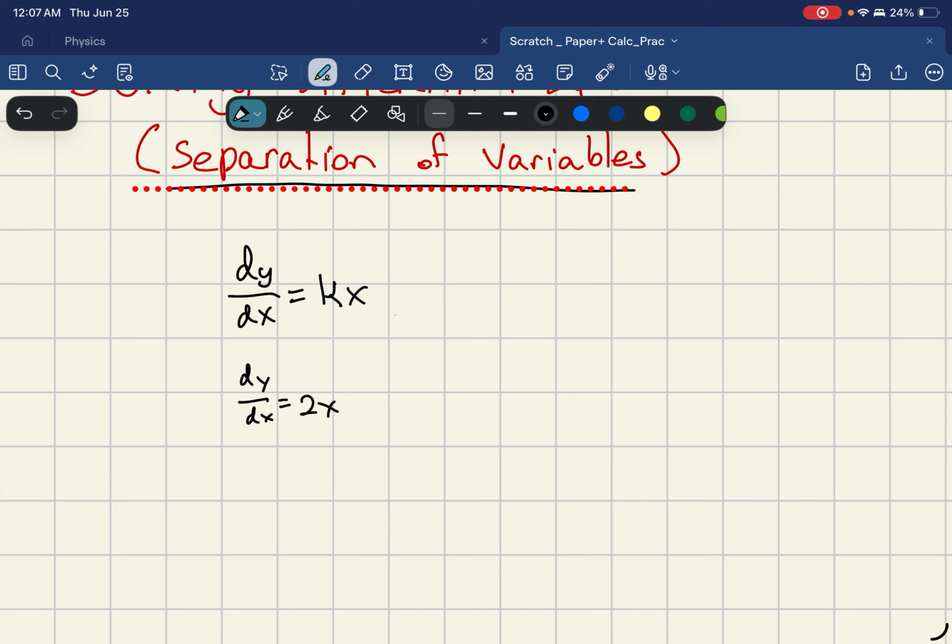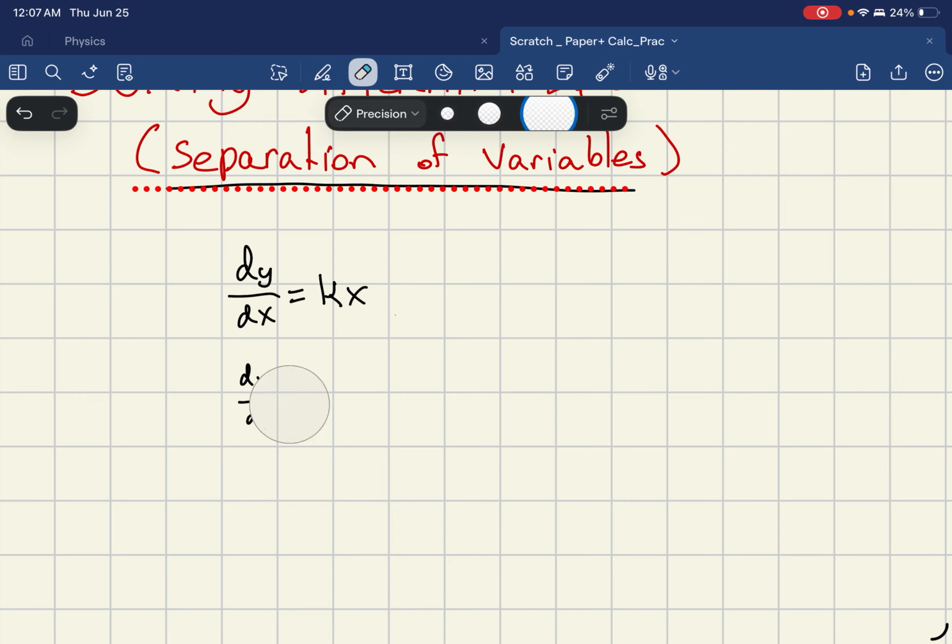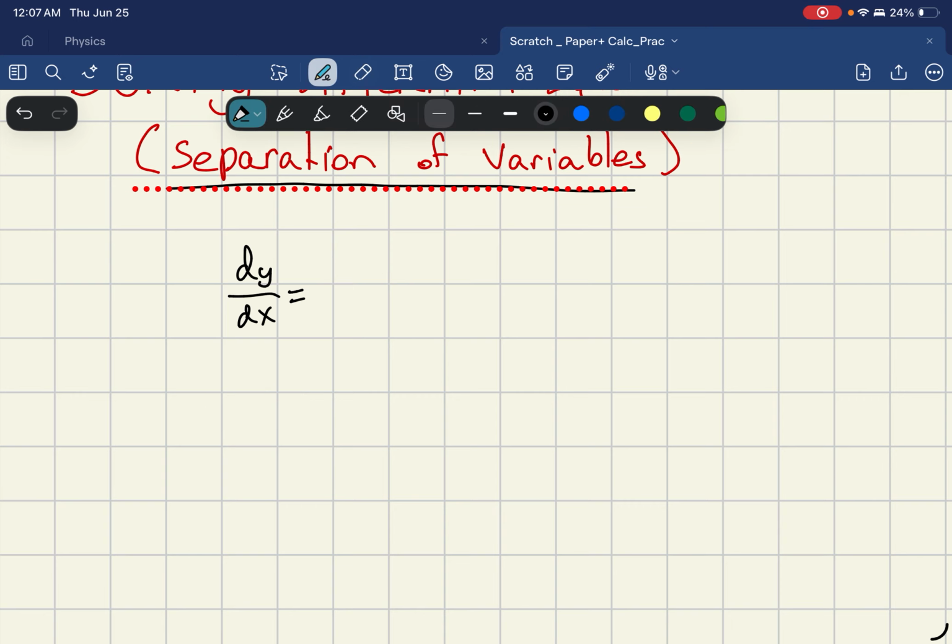So how we solve this equation is we use the idea of separating the variables. What does that even mean? Separating the variables means we can treat these terms algebraically, which means I can multiply this entire side by dx to get rid of it.